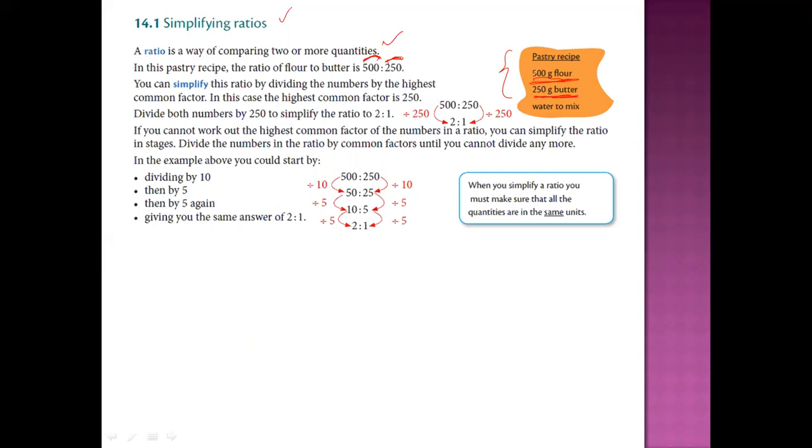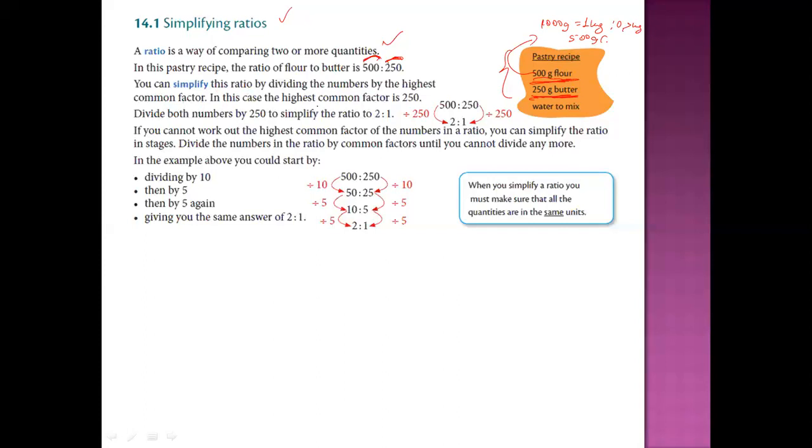Okay, and for example, if I increase our flour to twice, for example 1000 grams, which is equal to 1 kilogram, what must be the amount of butter? Of course, 500 grams, or 0.5 kilogram. You can simplify this ratio by dividing the numbers by the highest common factor.